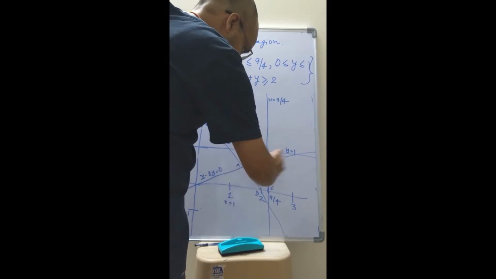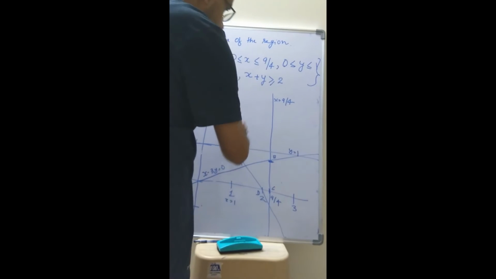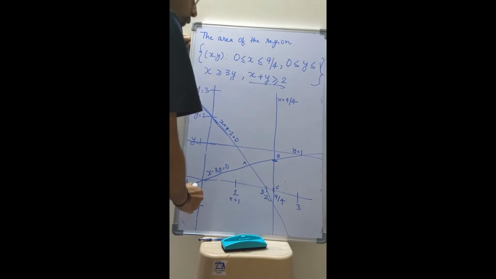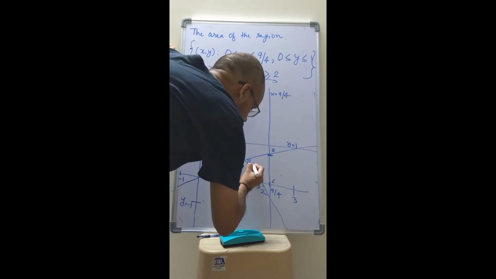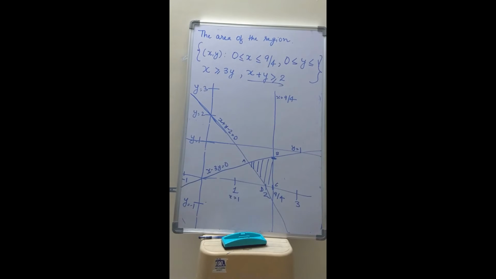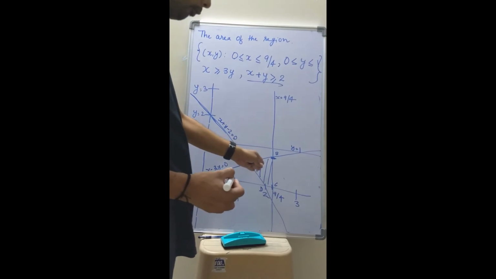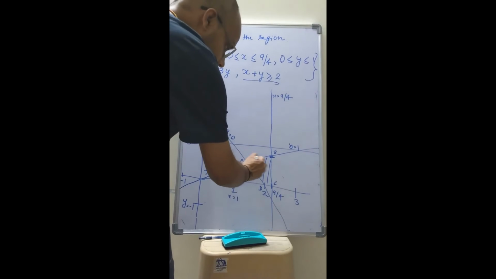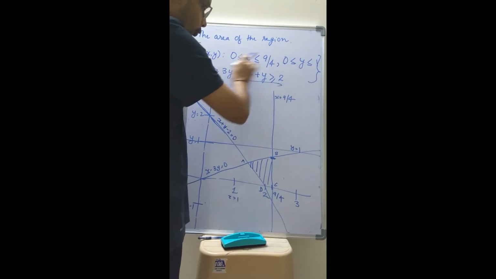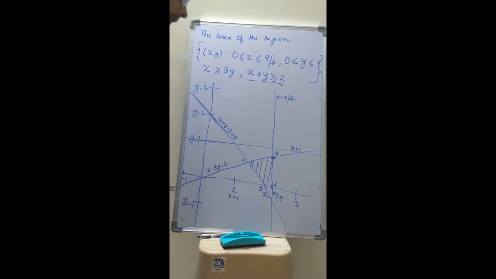And everything on this side is x plus y greater than or equal to 2. So finally this is the region for which you have to find the area, because this is the region which satisfies and is enclosed by all of these equations, right?